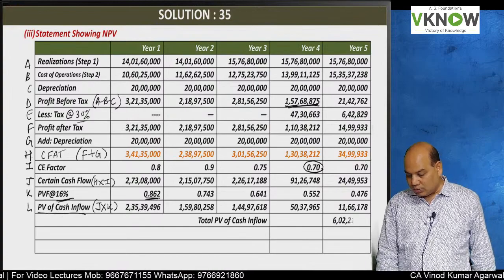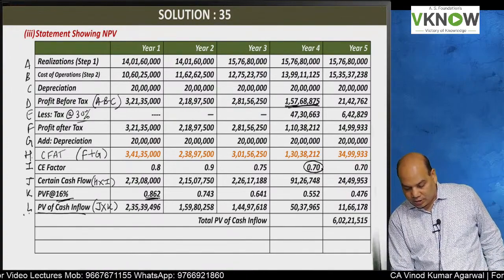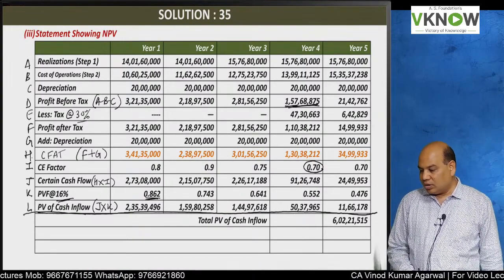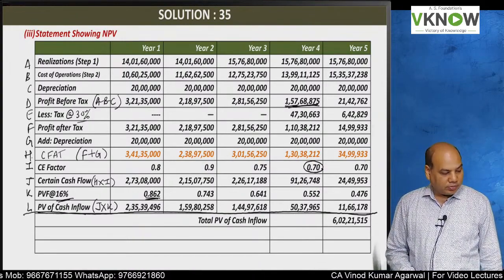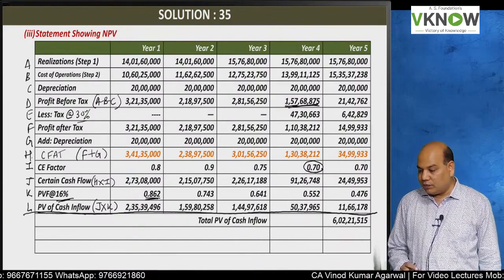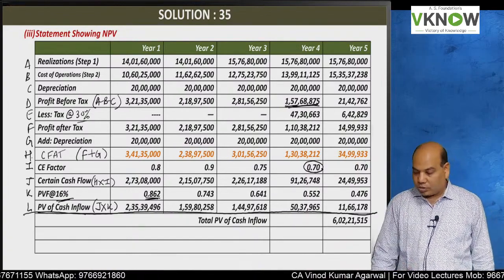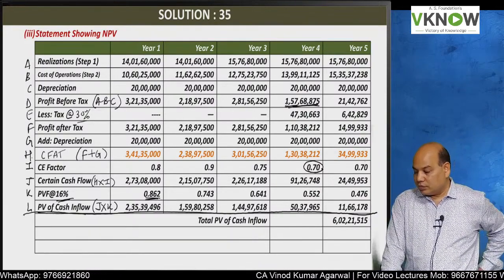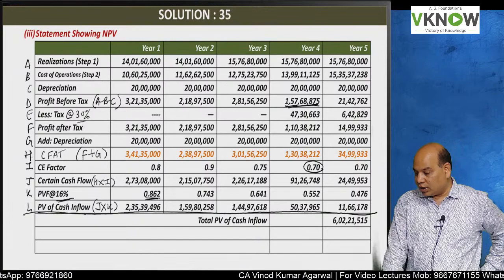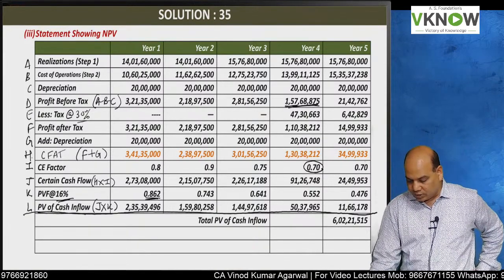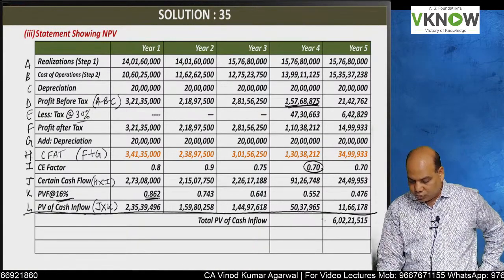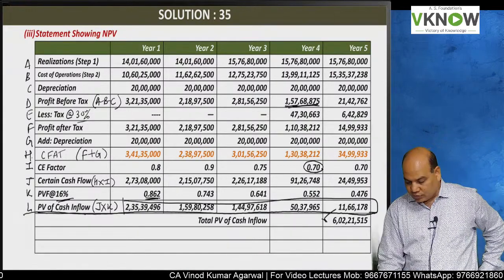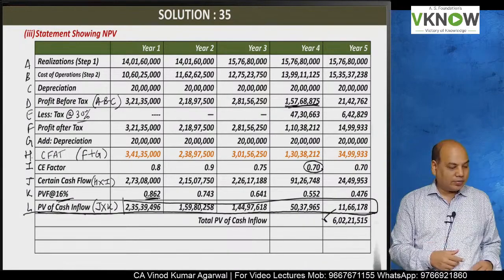Now take the total. First draw one line completely here. This table is over. Now below the table, write down total PV of cash inflows: 6 crore 2,21,515. Wait a minute. First confirm that this total is equal to this amount. Memory recall. Confirm please, then I'll go ahead.